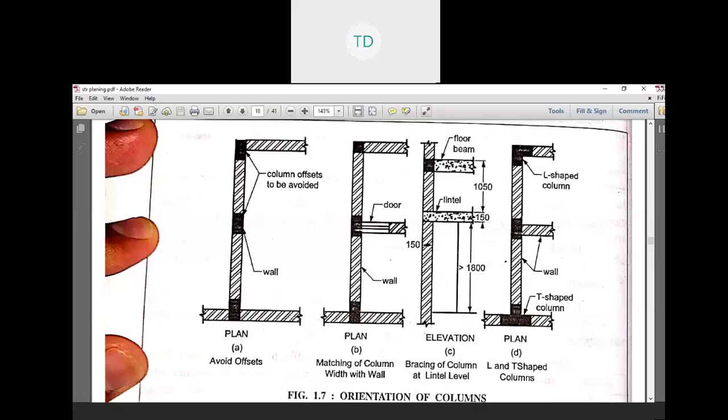Columns are defined such that the length or width of the column in the direction of the wall is similar to the wall thickness so that offsets are avoided.